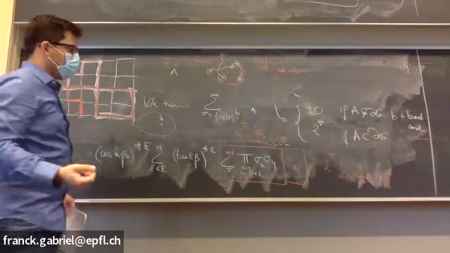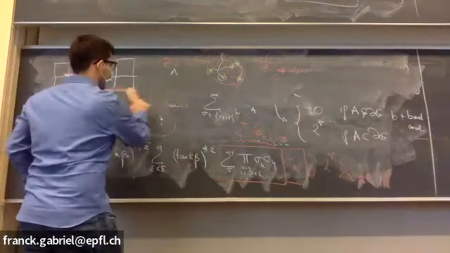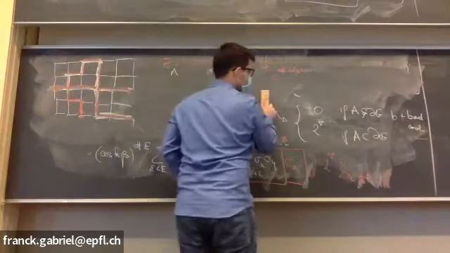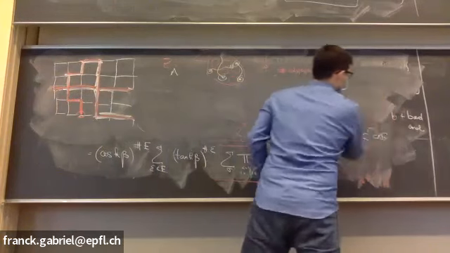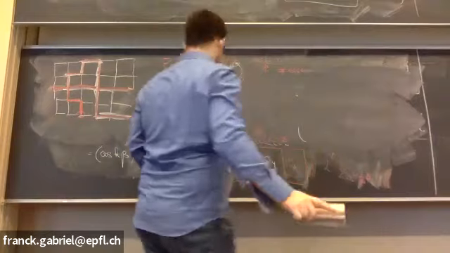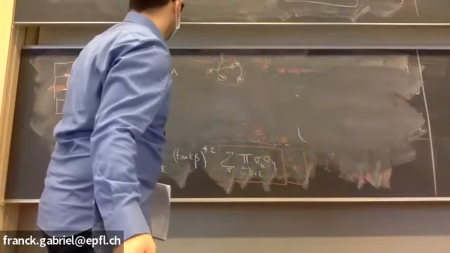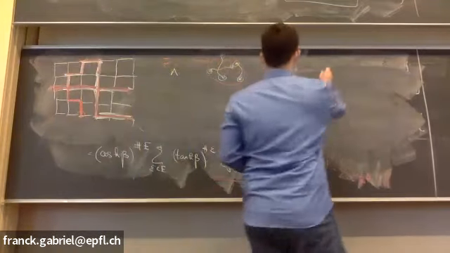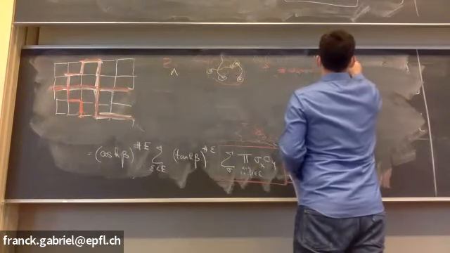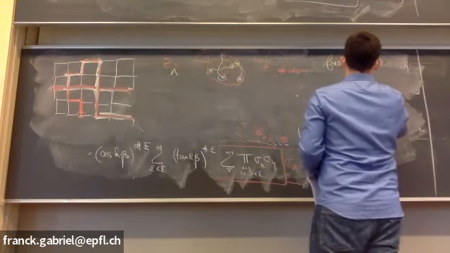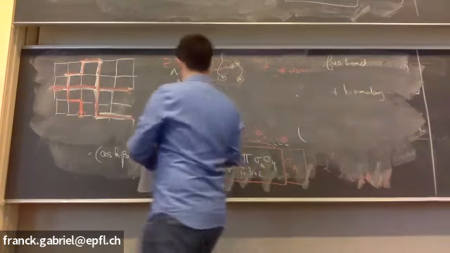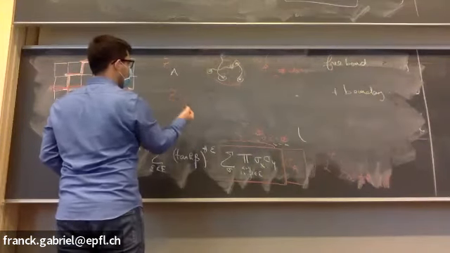Okay. So let me write it slightly better again, so that it's even here. Okay, so this is for the free boundary. And then for the plus boundary, let me still write it not here, so that you can see it.